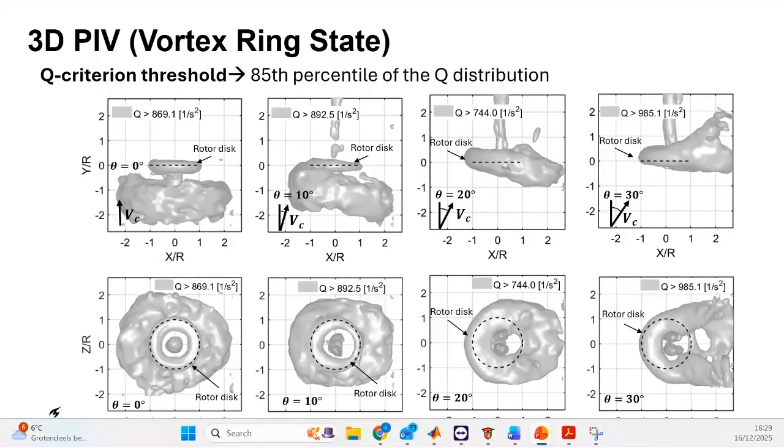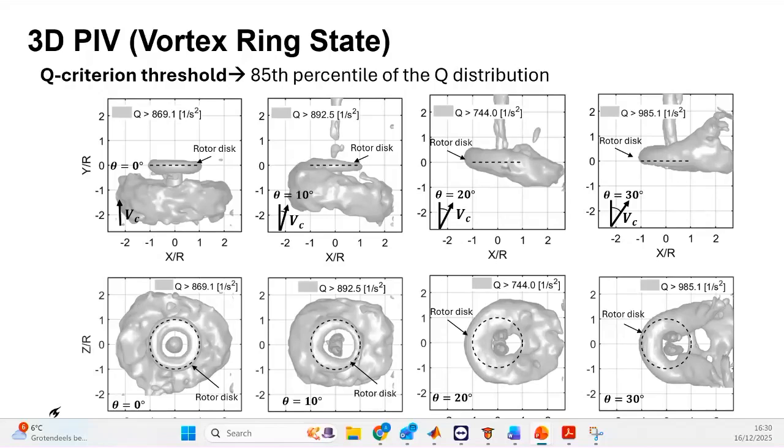And finally, this is for 30 degrees. If you remember in the previous slide when I showed the streamlines, we saw that on this side we didn't see the coherence of the vortex structure. So that means that the vortex in this area is totally open. The vortex breaks down on this side because the flow is dominated by the descent velocity.